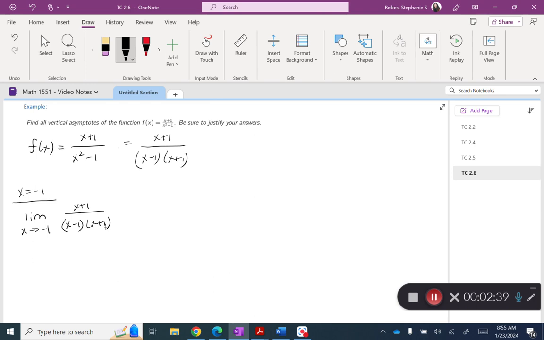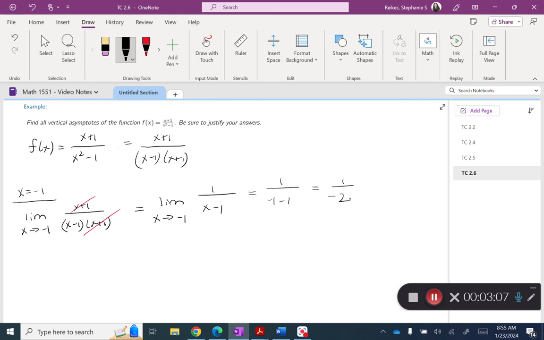So, after we factored, we can easily see that my x plus 1s are going to cancel out right there. And this is going to be equal to the limit as x approaches negative 1 of 1 over x minus 1. From here, we can go ahead and plug that in, and we get 1 over negative 1 minus 1, and that is equal to 1 over negative 2.